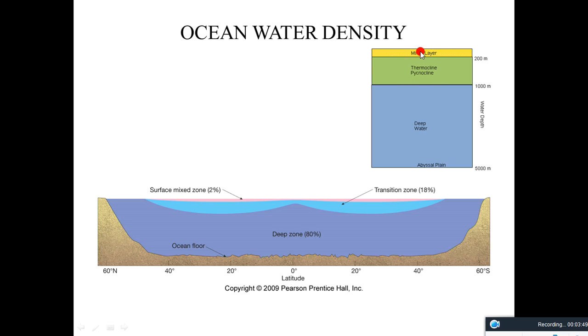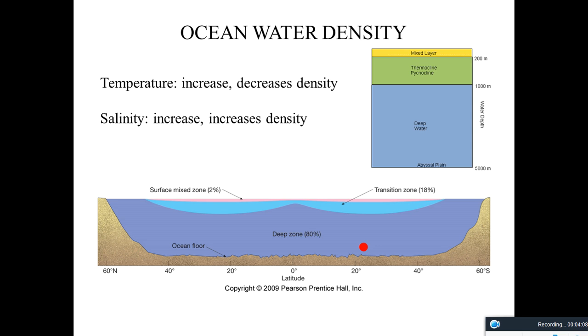And then the mixed layer of the water is there. So we have a transition zone, the surface mixed zone, the deep zone, and the ocean floor. This transition zone is very important in terms of increase of fauna and flora in this ocean region. So what we understand till now is that as temperature increases, the density decreases, and as salinity increases, the density increases.